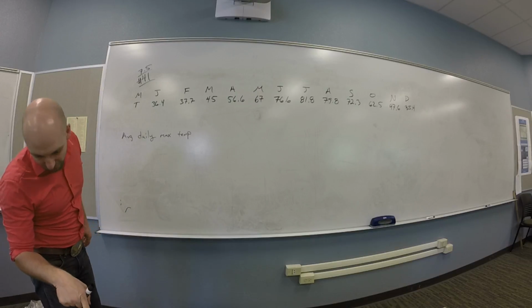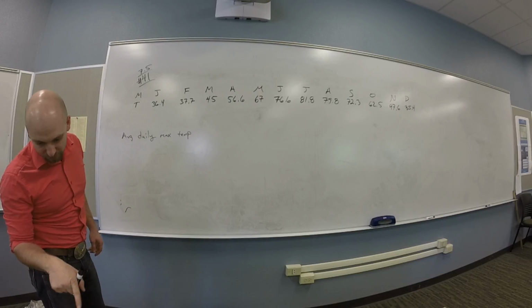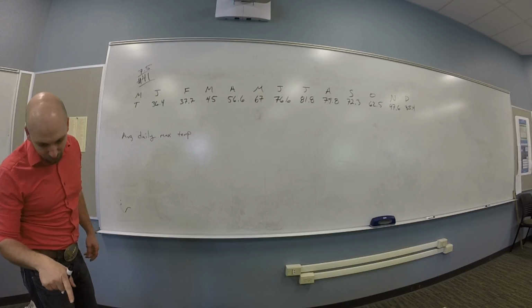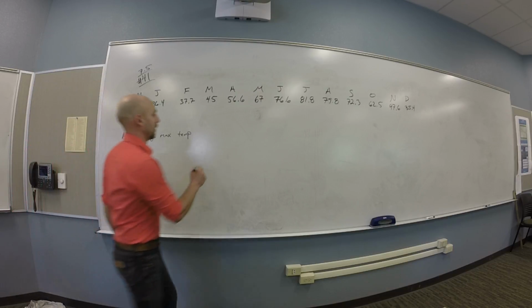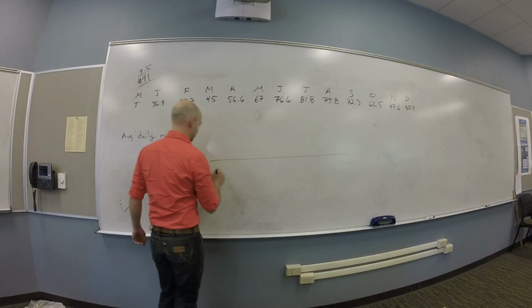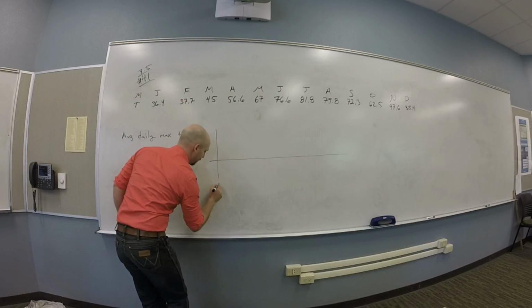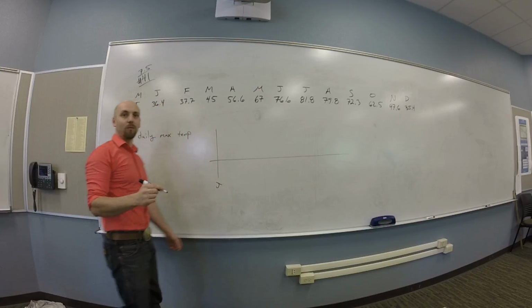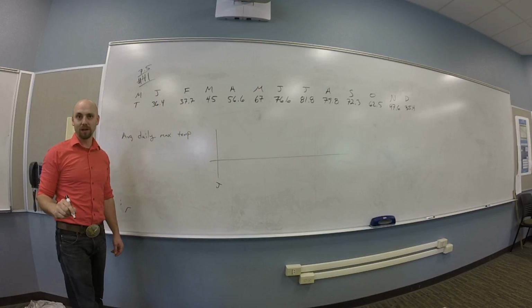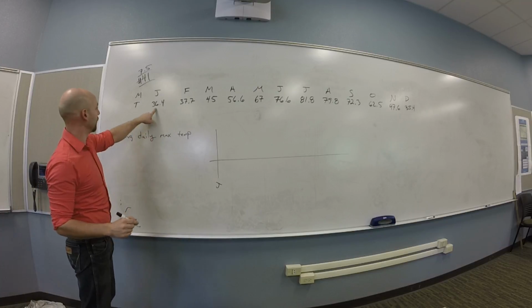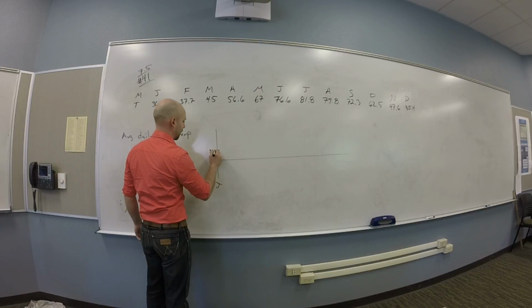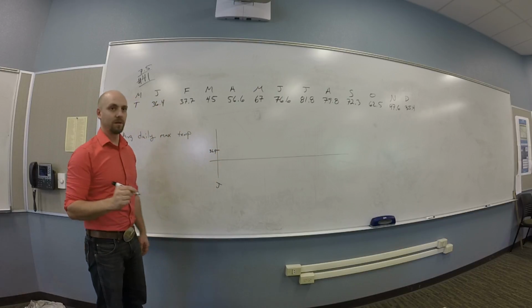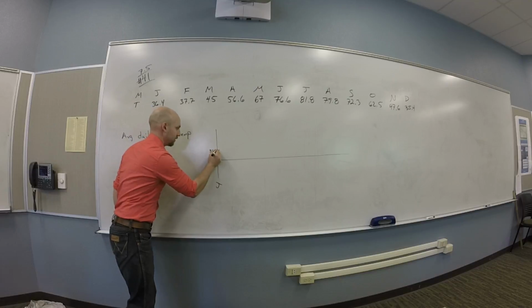Okay, so I have the average highs for each month, and then they have me plot this as a function of the number of months past January. So this is going to be January, which is 0 months past January, and I expect that to be 36.4. Dot.